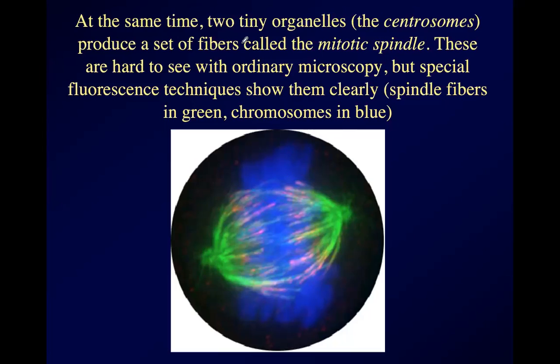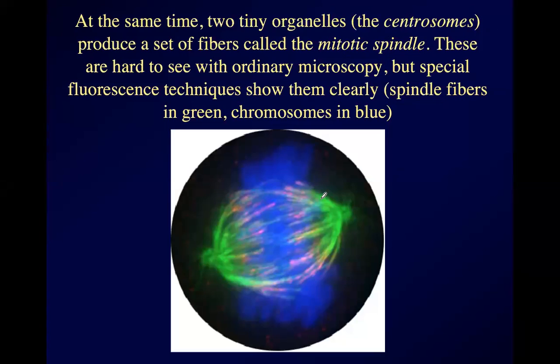And green is showing you two tiny little organelles, two little structures called the centrosomes, that start spinning a set of fibers made out of protein called the mitotic spindle. They are made of a type of protein called actin, which is also present in muscle. For right now, we don't need to worry about how they work. Let's just say that actin fibers are a kind of cable that's used in the cell when something has to move.